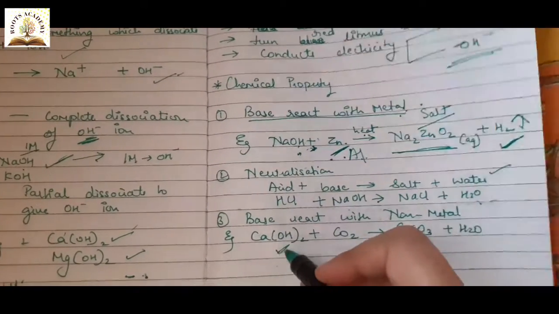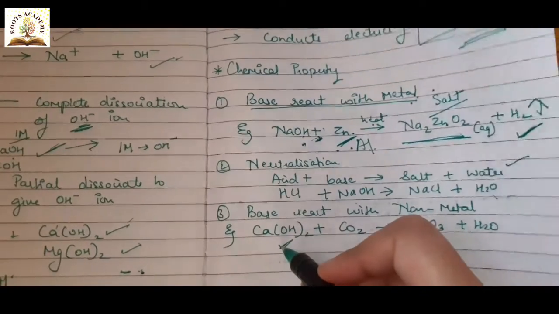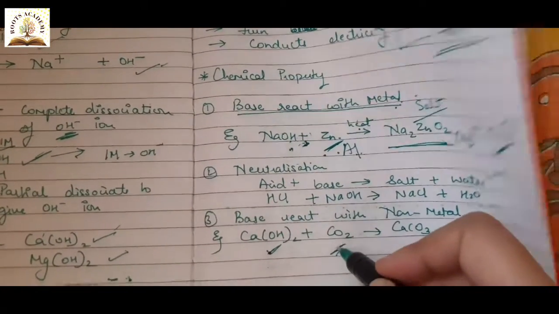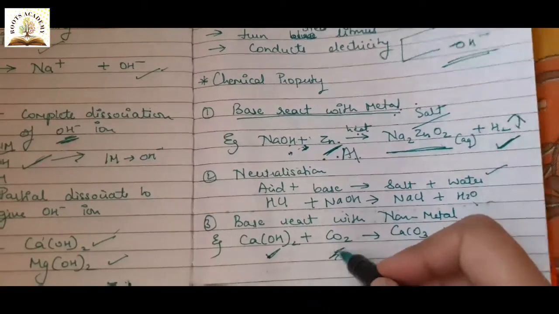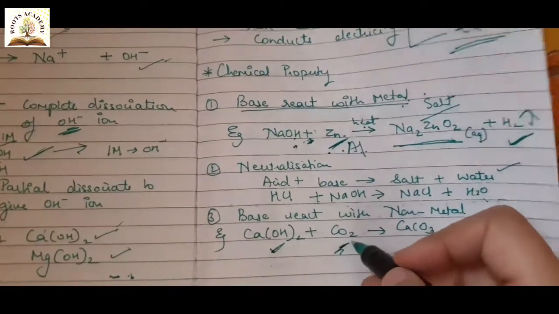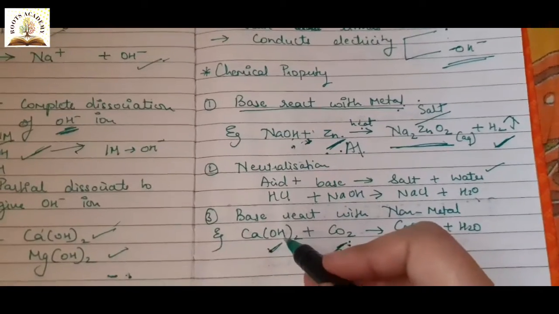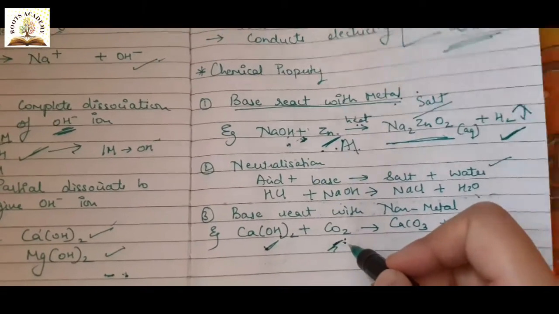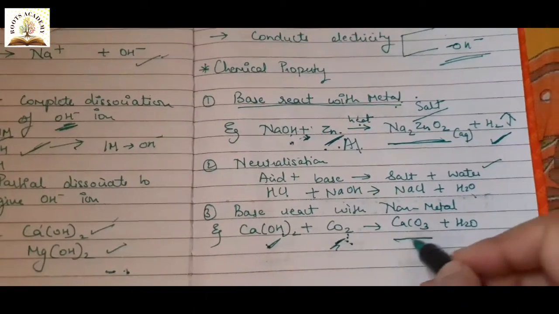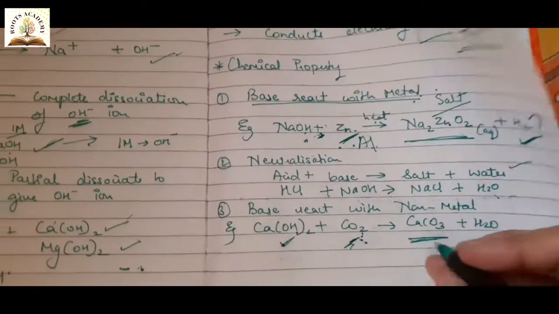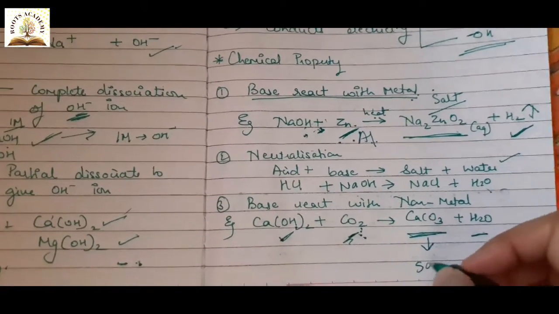The third property is that a base reacts with a non-metallic oxide. Here I am taking the base calcium hydroxide, which is a weak base. When calcium hydroxide reacts with a non-metallic oxide, carbon dioxide, it gives calcium carbonate and water. So this is also somewhat like a neutralization reaction.